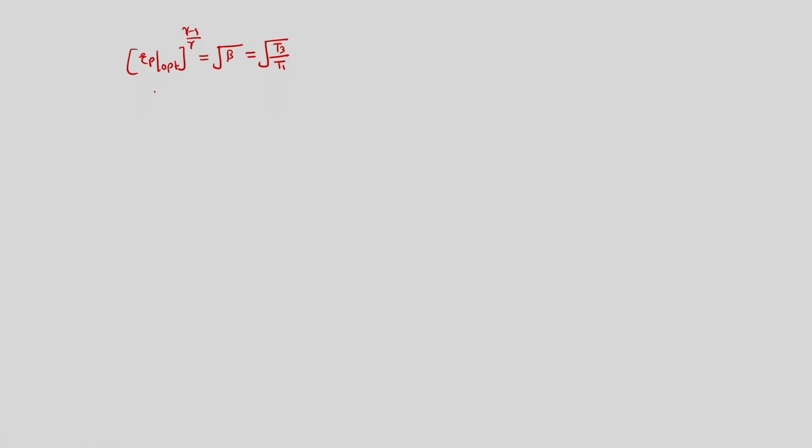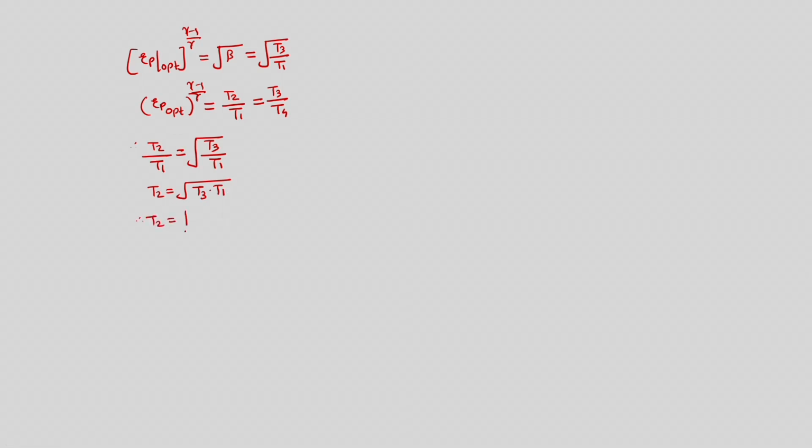But we know that Rp optimum bracket raised to gamma minus 1 upon gamma practically is equal to T2 by T1, or it is equal to T3 by T4. So T2 by T1 is equal to square root of T3 by T1. This leads to the point that T2 is equal to square root of T3 into T1. So T2 is equal to square root of T max into T min.